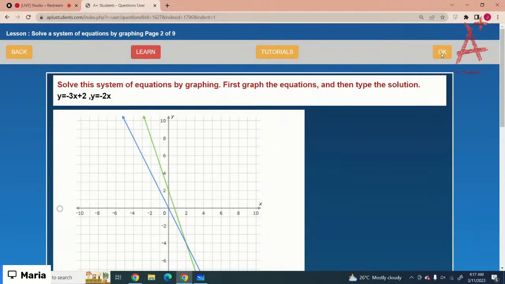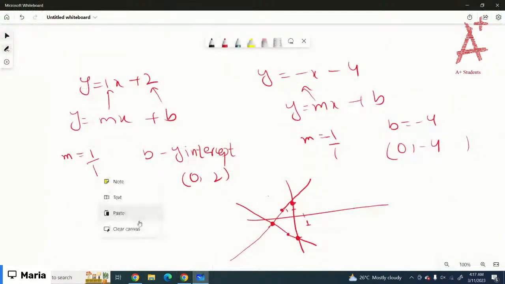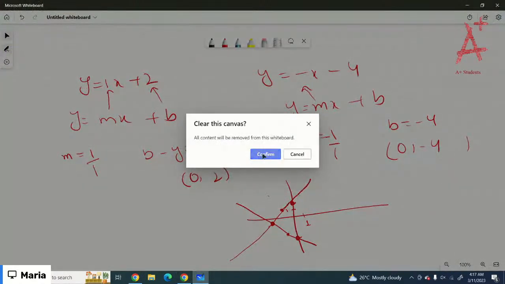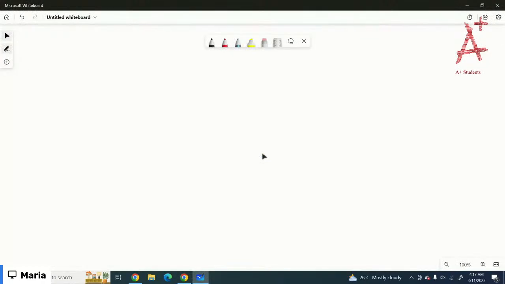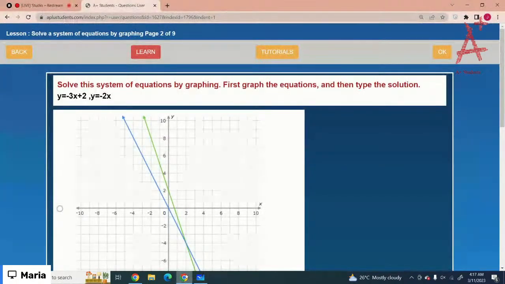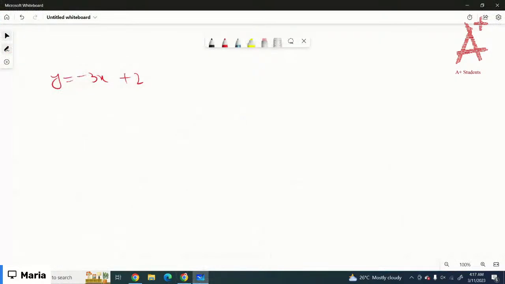Okay, the next one is y equals negative 3x plus 2 and y equals negative 2x. So y equals mx plus b.